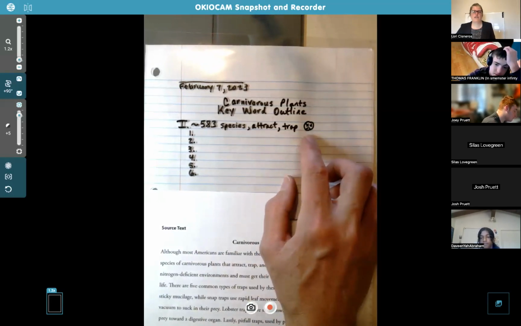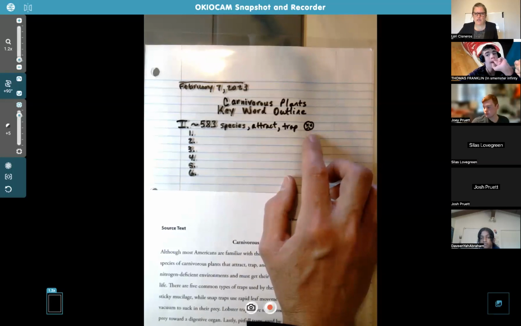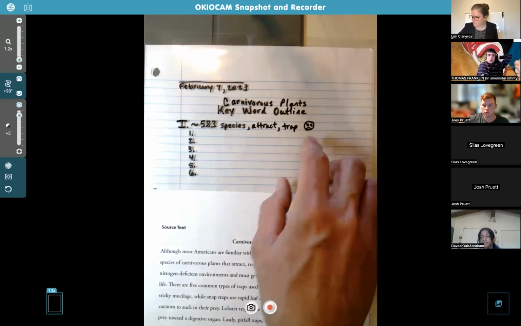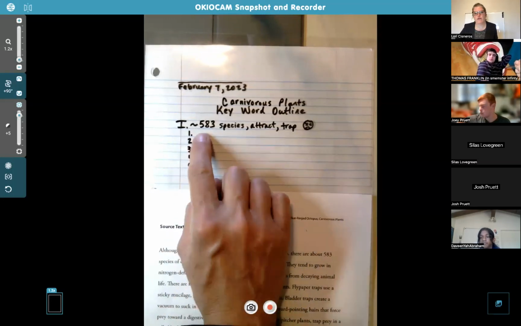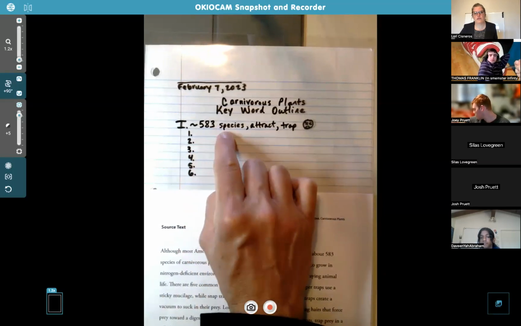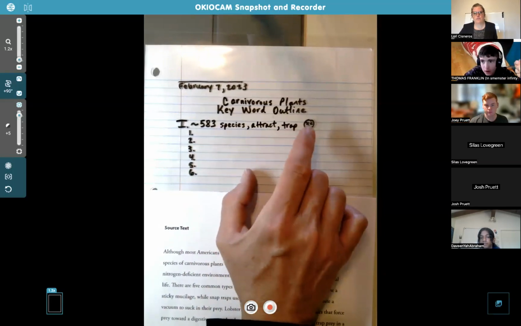And then a sad face because, yeah, he's basically dead. So that's a symbol that it kills its prey, right? We can remember prey. We know predator and prey. So this is actually a predator, these carnivorous plants. Predator to insects. So we've got about 583 species: attract, trap, and prey.